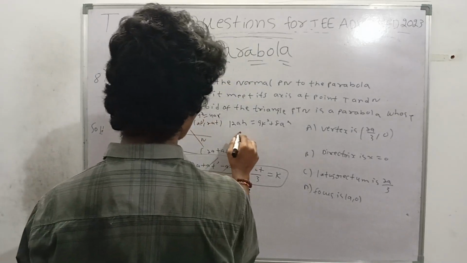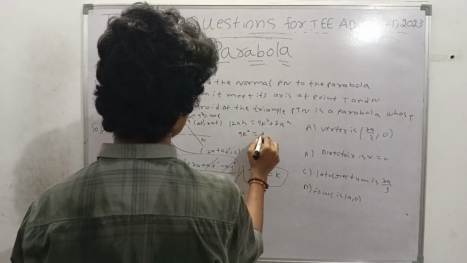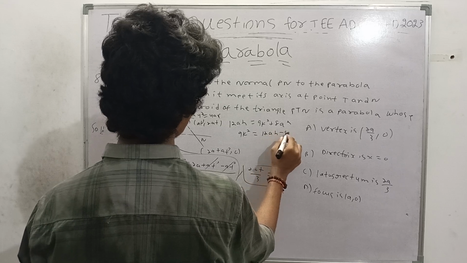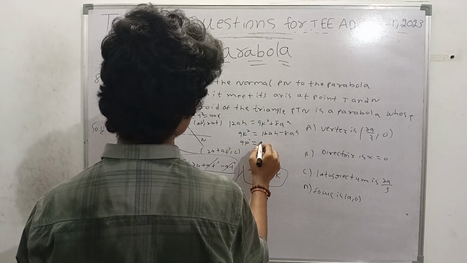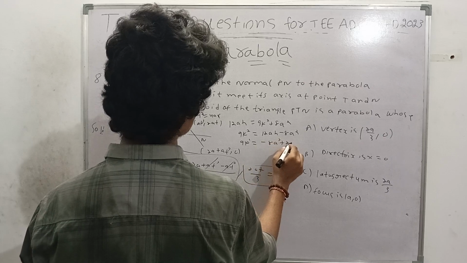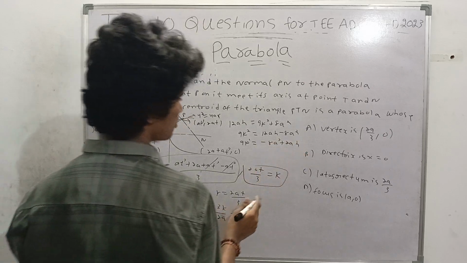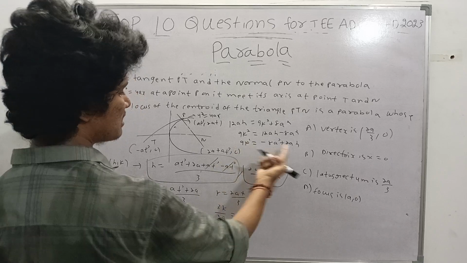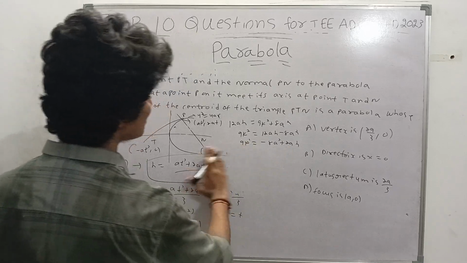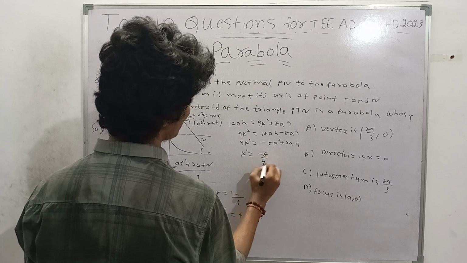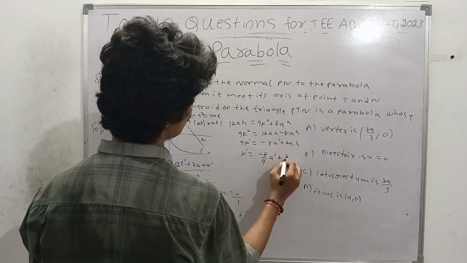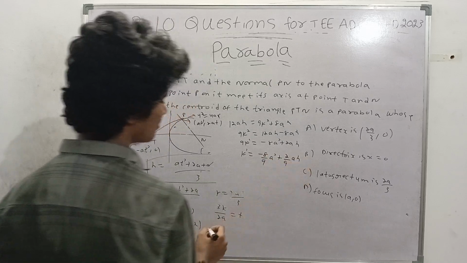Taking it like this, 9k square equal to minus 8a square plus 12ah, and this I can write in terms of k square equal to minus 8 by 9 a square plus 2 by 3 ah.